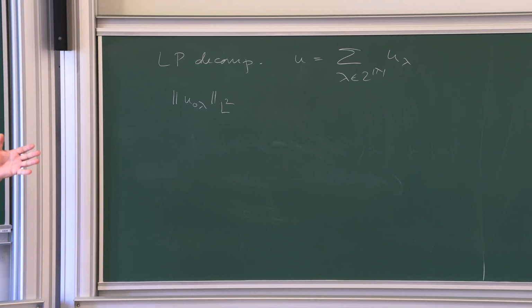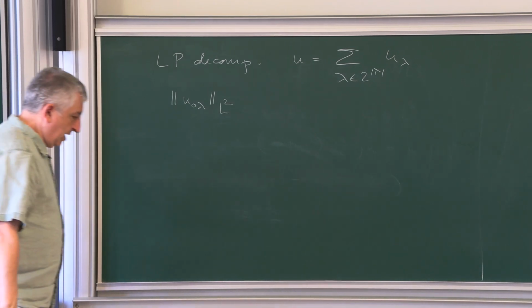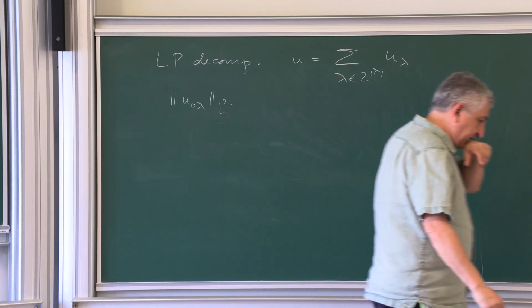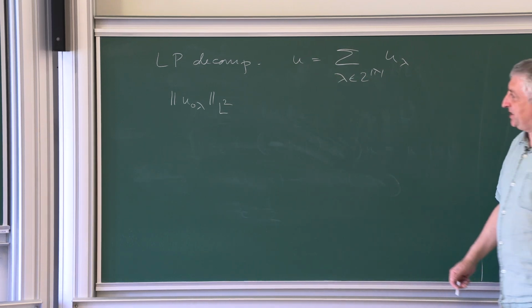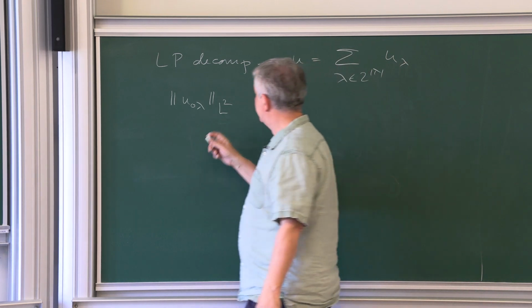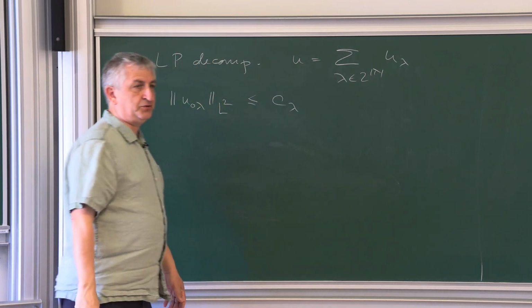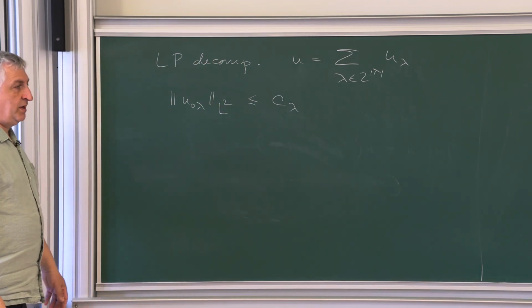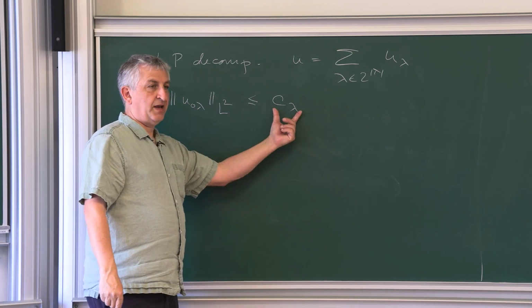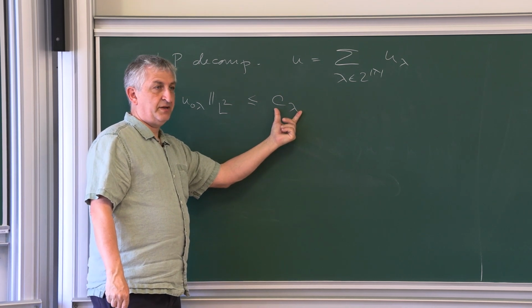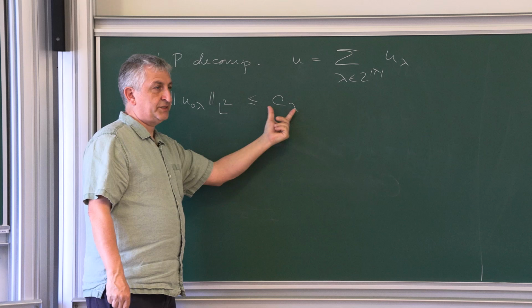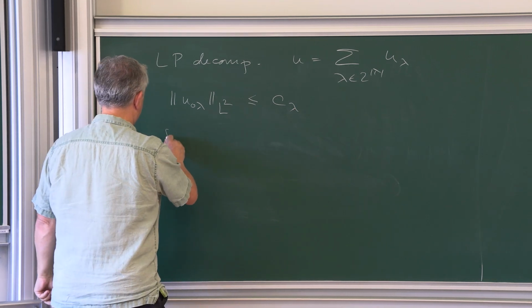But if we have a nonlinear problem, then these quantities will no longer propagate well in time because you will have cross interaction, right? And so Tao's idea was, well, perhaps instead of looking at the size of these guys, I should put sort of an umbrella on top of this and choose this constant c lambda so that they don't vary a lot. So you ask that c lambdas be slowly varying.